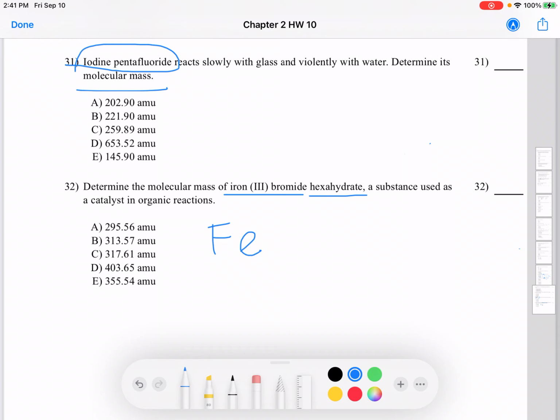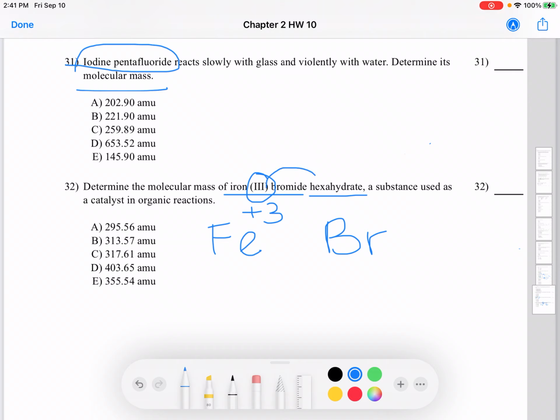And it says iron 3, meaning the charge of that iron is plus 3. Iron is given the charge in parentheses because it's a transition element. So we want to represent what the charge of the iron is. So iron is given as plus 3 charge.